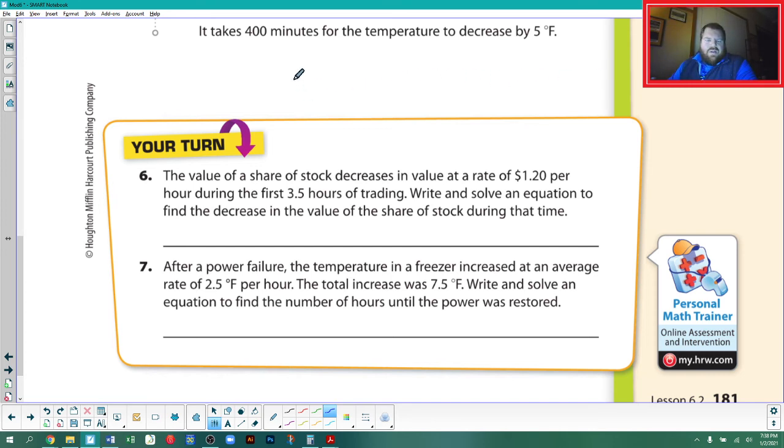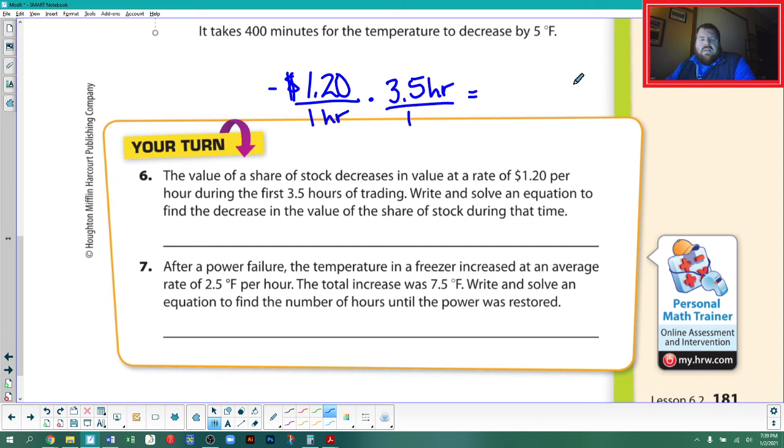It goes down $1.20 per hour, so it's negative 1.2 every hour in 1 hour. And maybe we write that a little bit differently. Negative $1.20 per hour for every hour. And we want to multiply that by 3.5 hours, 3.5 over 1, technically.